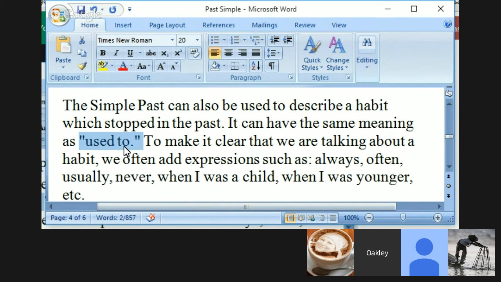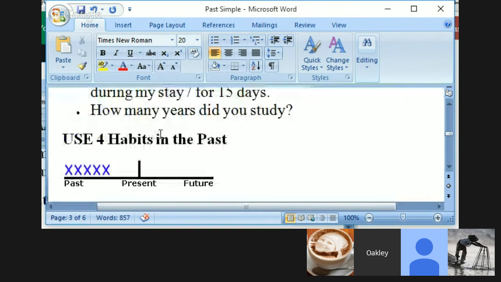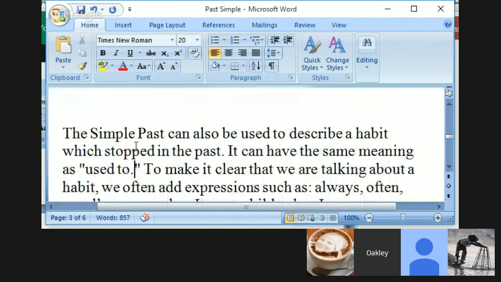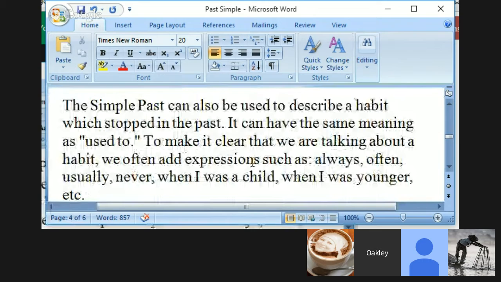I would always, 100% of the time, opt for used to describe a habit which stopped in the past. Frankly, this use that we're about to discuss, I would never do, quite honestly, but we might as well learn that it's possible.